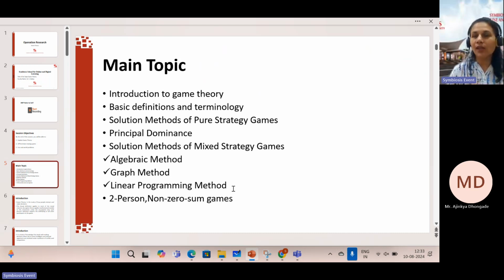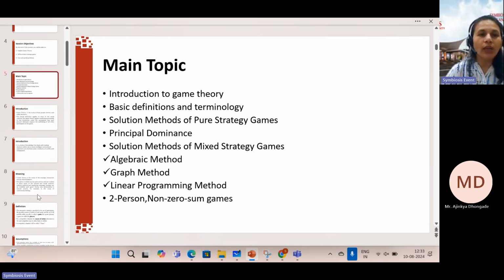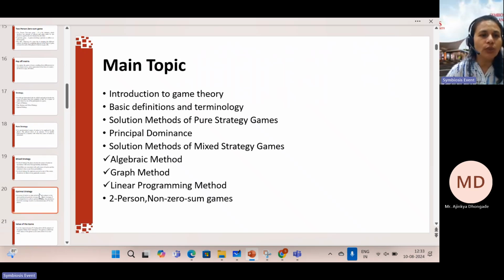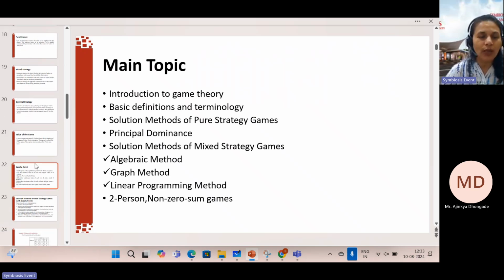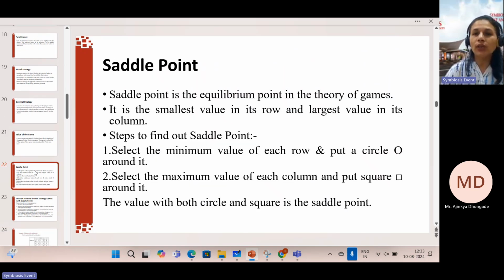We have created some algebraic methods, and by using them we can find out how to solve. So in our last lecture, we started with the basics of pure and mixed strategy based games, how we create the payoff, and how we can solve them, and we went through some examples where we are able to get the saddle value or the saddle point.